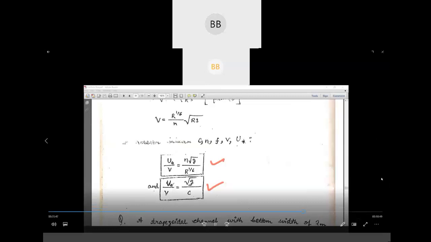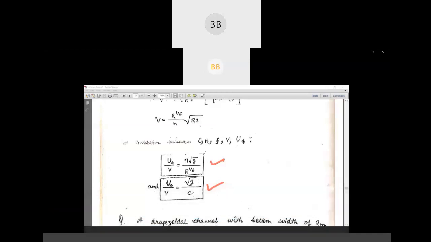Or here, u star divided by velocity is equal to root over g divided by C, because we know C is equal to R to the power 1 by 6 divided by n. That relationship I have already given you. That is why, if you bring n over here, R to the power 1 by 6 divided by n, you can directly write C.